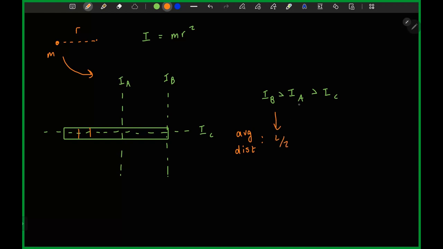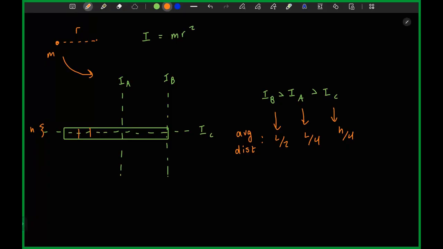For axis A, the average distance will be more like L over 4. And for axis C, if we treat the rod as infinitely thin, it would be 0. If we give it some thickness h, the average distance would be something like h over 4. And so that is where we get our qualitative ranking.